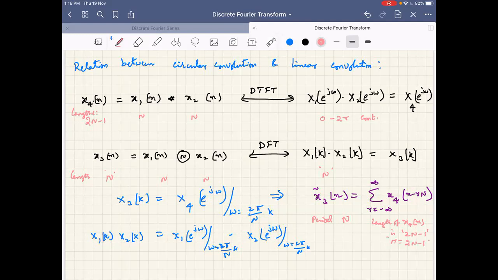Hence, will aliasing happen or not? Surely it will happen. So how do you relate x3 of n and x4 of n is the question.